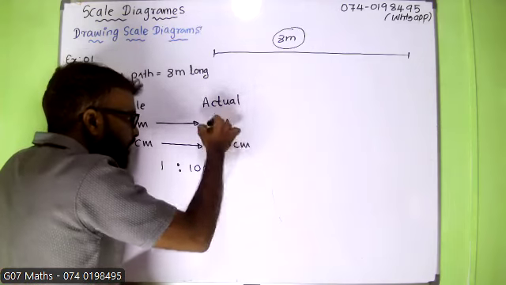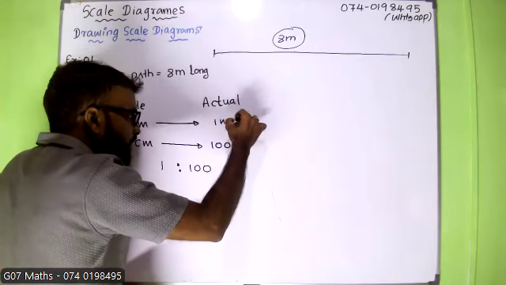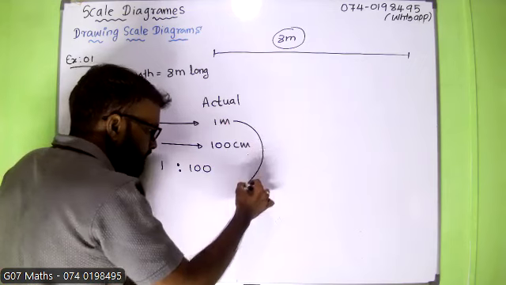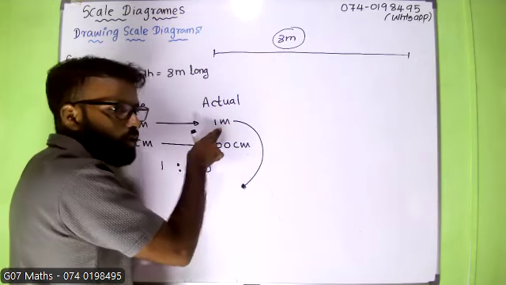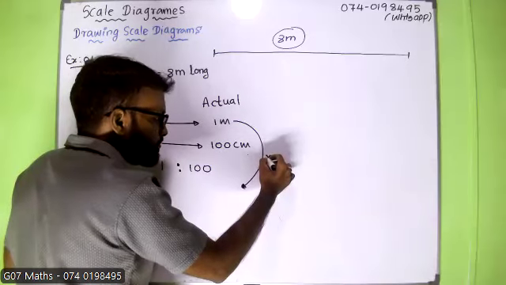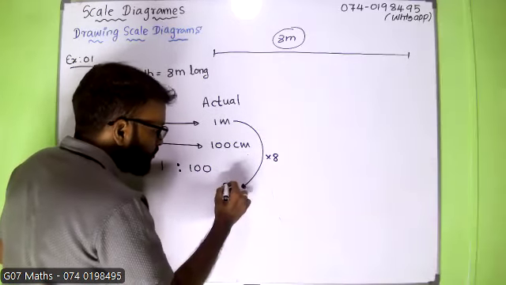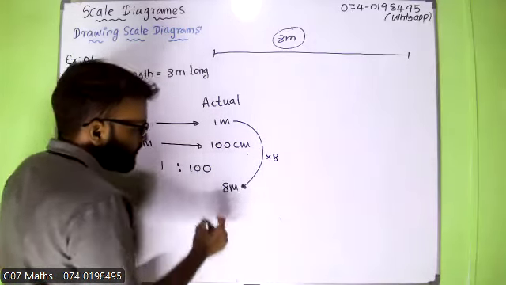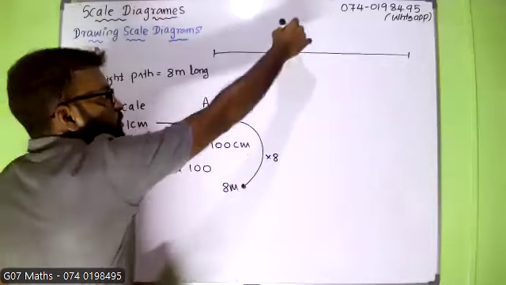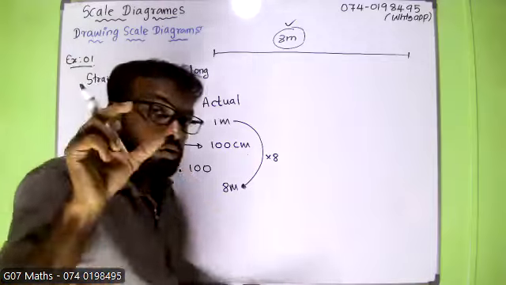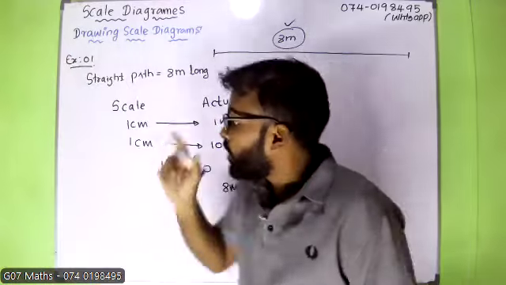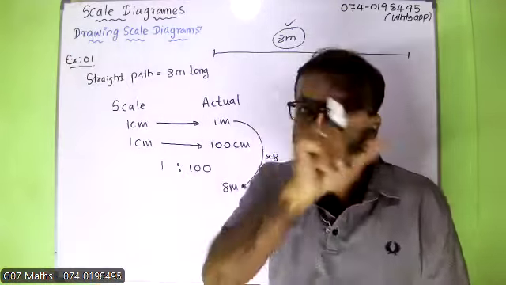So by using this 1 meter, how do you calculate 8 meters? You multiply this 1 meter by 8, so that you get 8 meters. Now, in order to represent 8 meters, what is the scale length that you are going to draw?